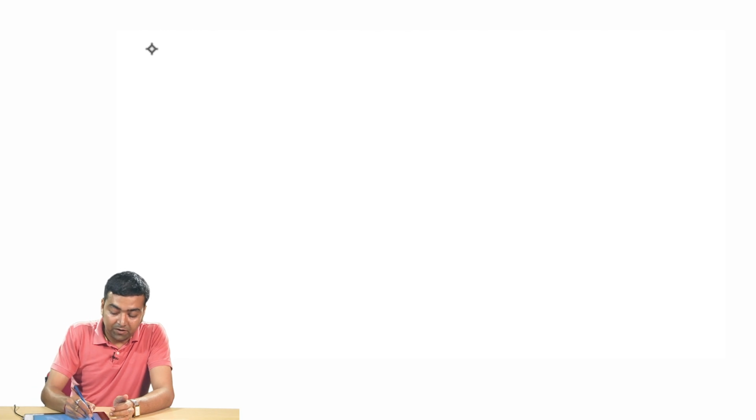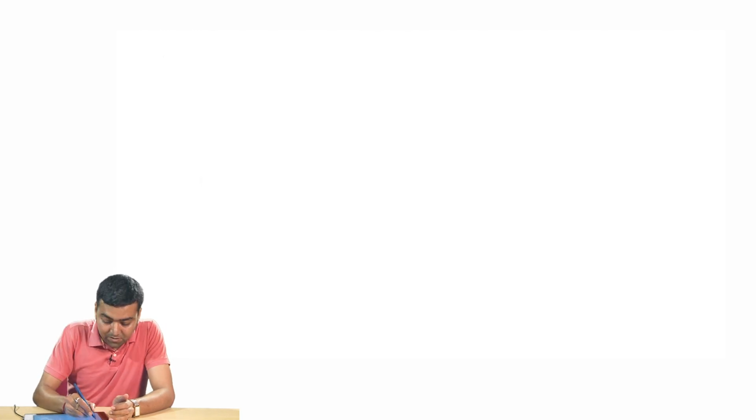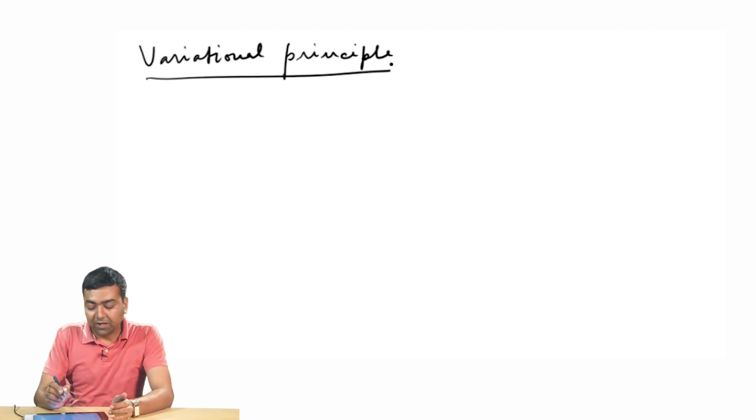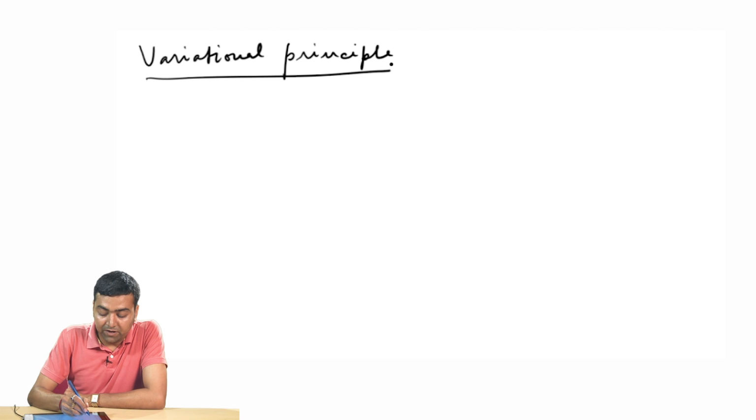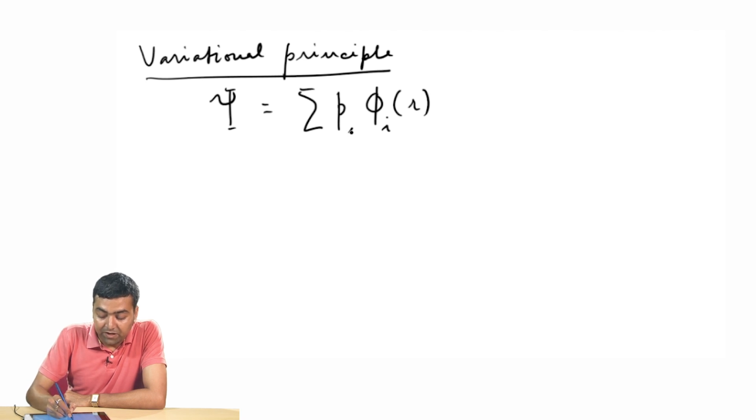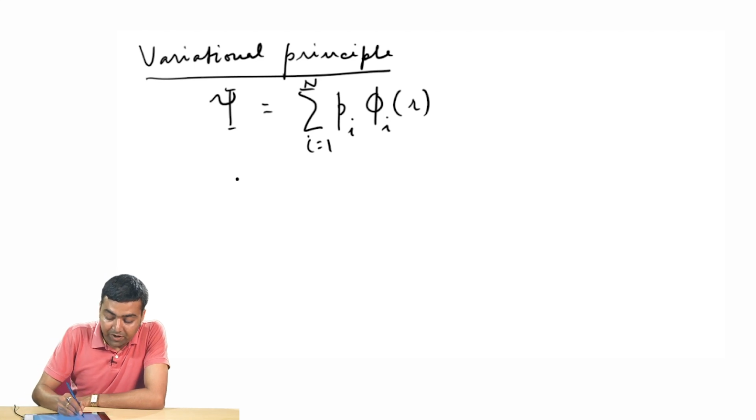So, what is the basic idea of the variational principle? If we remember our basic quantum mechanics course, what we are interested in is this wave function psi. What we do is expand these wave functions in particular basis functions phi i, as a combination of the basis functions with i equals 1 to n, where the p i's are the unknowns.